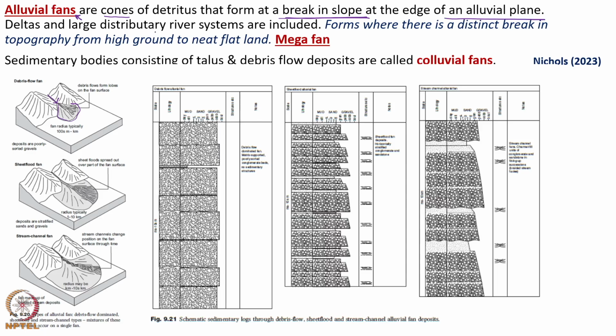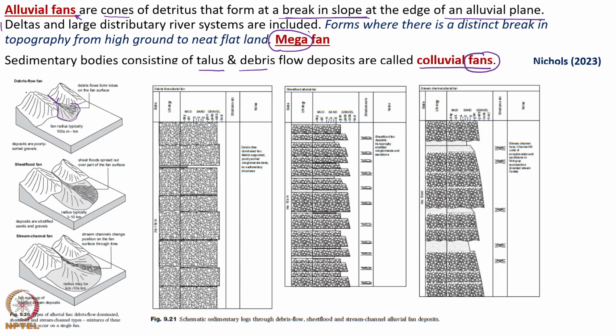Deltas and large distributary river systems are included when we talk about alluvial fans, and if the alluvial fan is very vast, the word mega fan is also used. Sedimentary bodies consisting of talus and debris flow deposits are called colluvial fans. That is another use of the term fan.